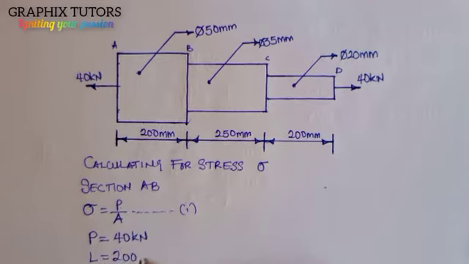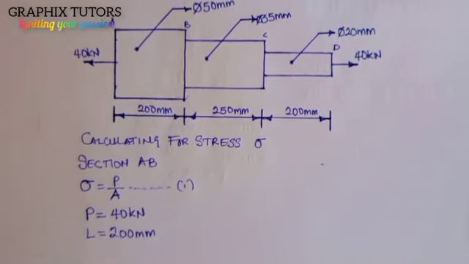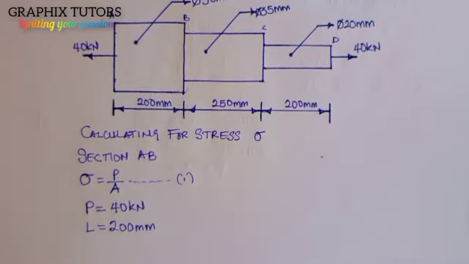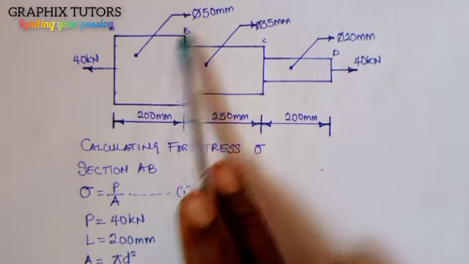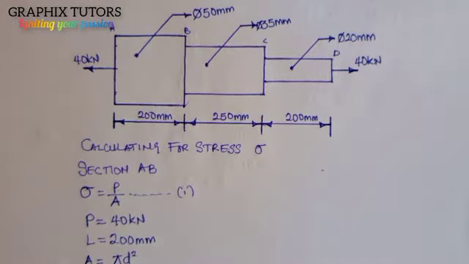200 millimeter. That is the length at that point there. Now the area of AB is given by pi d square over 4. The diameter given is 50 millimeter.